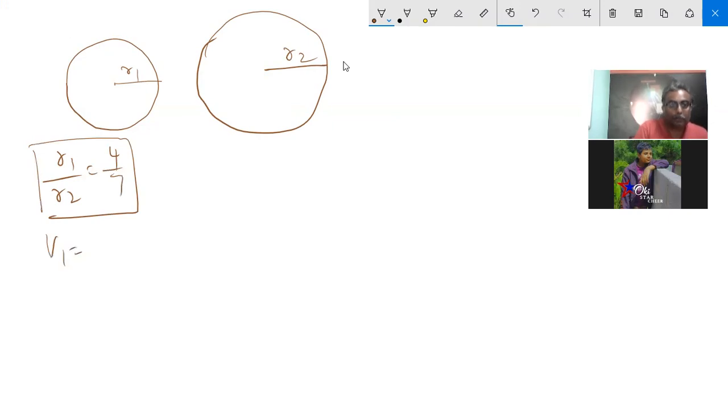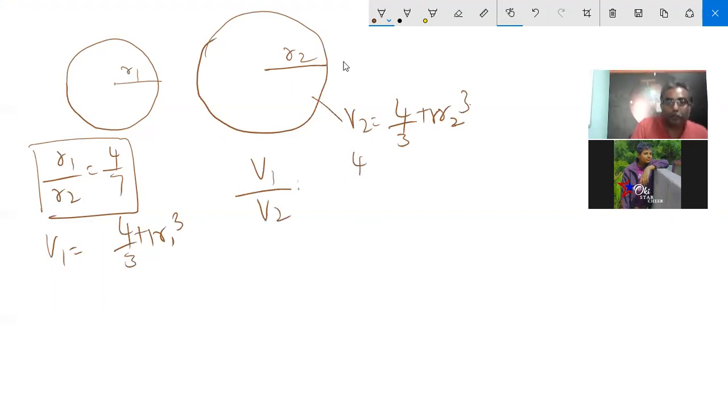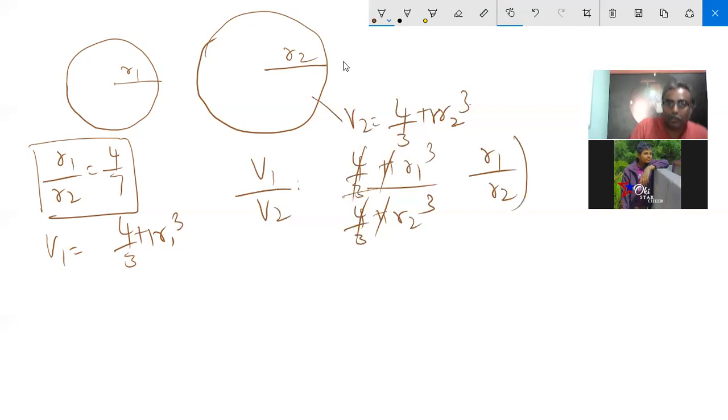Volume 1 is equal to 4/3 pi R1 cubed. Volume 2 is equal to 4/3 pi R2 cubed. So what you have to find is volume 1 by volume 2. 4/3 gone, pi gone. So R1 by R2 the whole cube is equal to V1 by V2.